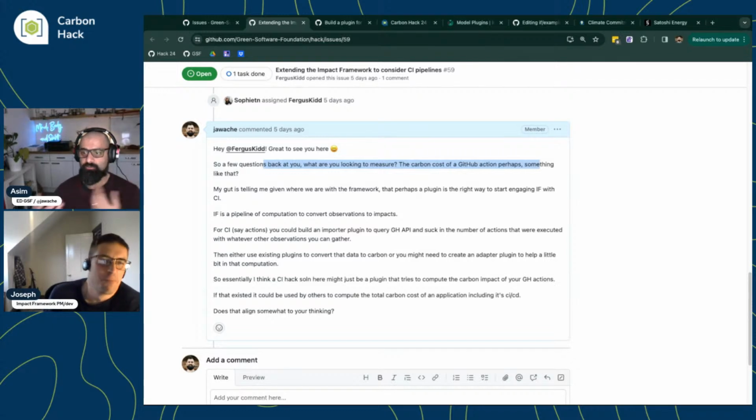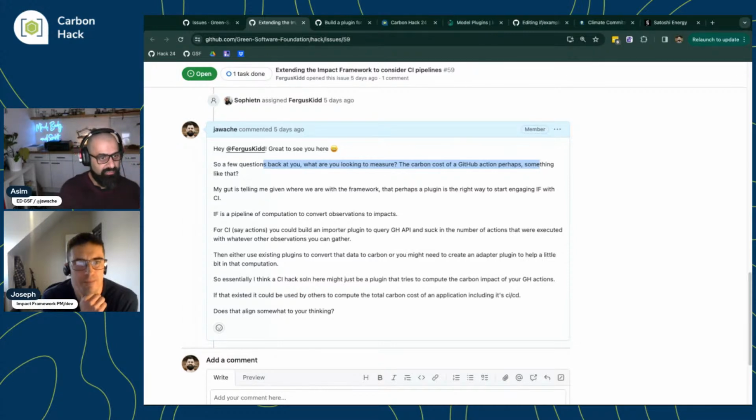So for instance, when people are measuring the carbon cost of their infrastructure, one of the things they want to measure is their CI/CD and their QA and test environments. Let's say your entire CI/CD environment is GitHub and triggered through GitHub Actions. You want to know the carbon cost of GitHub Actions and add that into your whole flow. That would actually be quite useful, because you could imagine one component in your manifest file being GitHub Actions or a specific type of action. The observations would be whenever that action ran, how long it ran for.